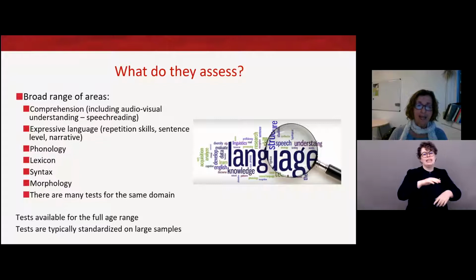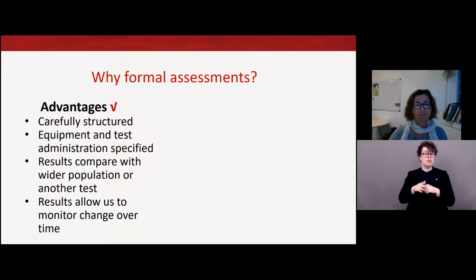And there are many tests that test users can use to look at the same domain, and they span the age range, which is what you'd want. And typically, tests have got norms from large samples of children. So you might be comparing a child that you're testing with the scores of hundreds of other children to know what is typical for their age. So this is the normal situation when you're looking at spoken language.